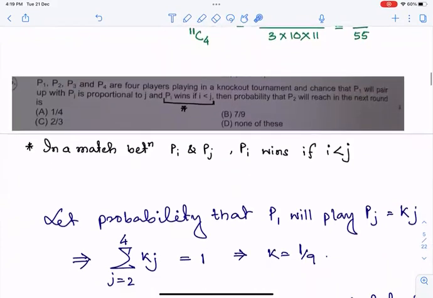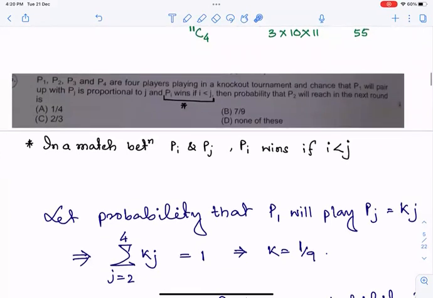Here j varies from 2 to 4, and that covers all the possibilities for the opponent of P1. So 2k plus 3k plus 4k, that's 9k, equals 1, so k must be 1 by 9.